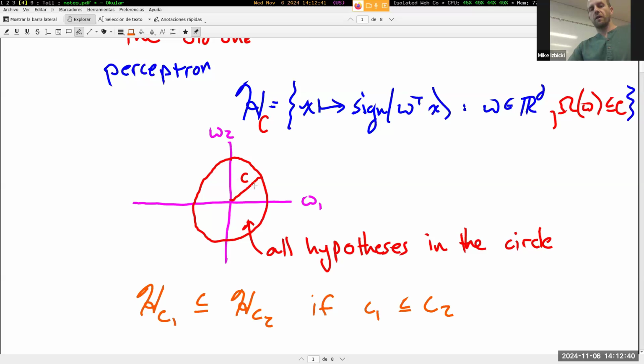So we have 2 different radiuses of where we're selecting from, the C1 and C2. And if our C1 value is less than C2, then we can clearly see C2 has more flexibility in where we are allowed to select our hypothesis from.